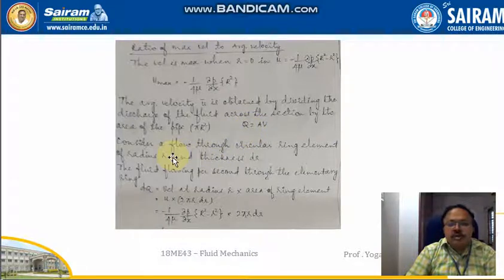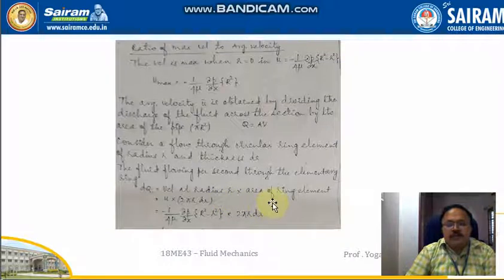Now consider a flow through a circular ring element of radius small r and thickness dr. The fluid flowing per second through the elementary ring is given as dQ is equal to, here Q is equal to A V, so we have the area of the ring element into the velocity at the radius small r.